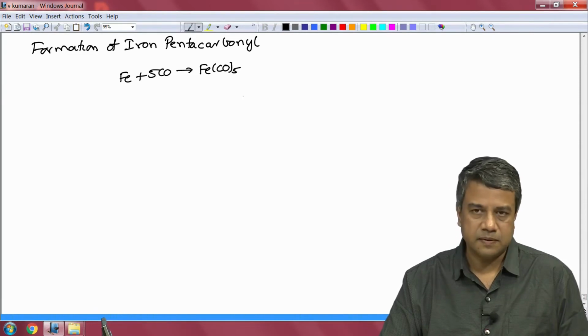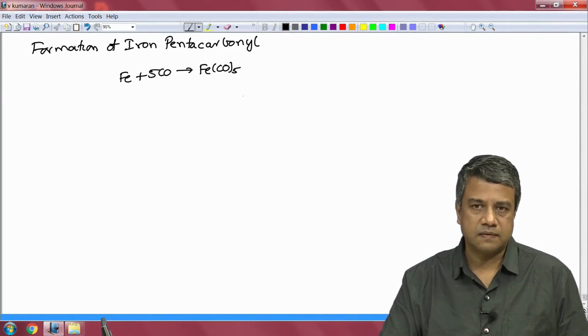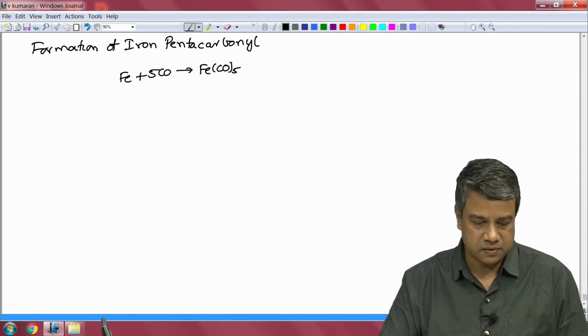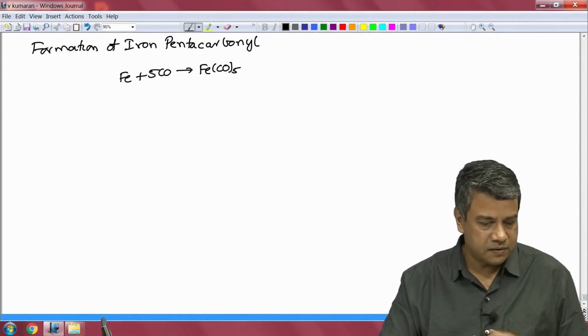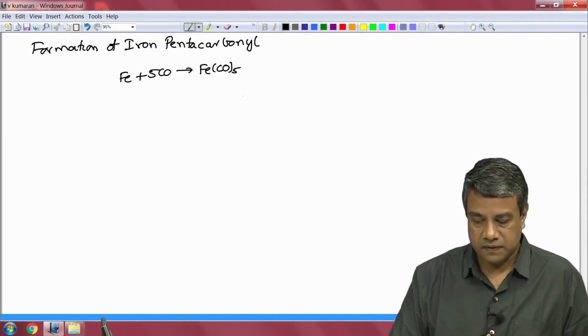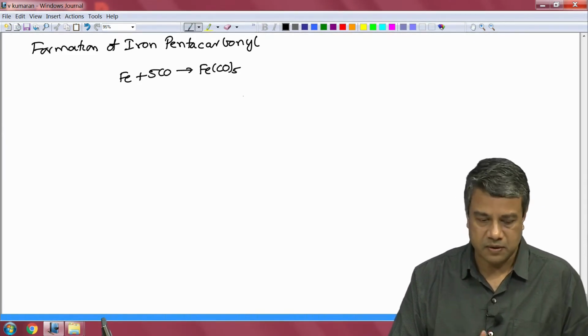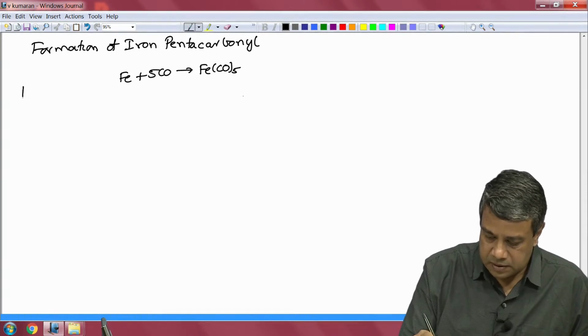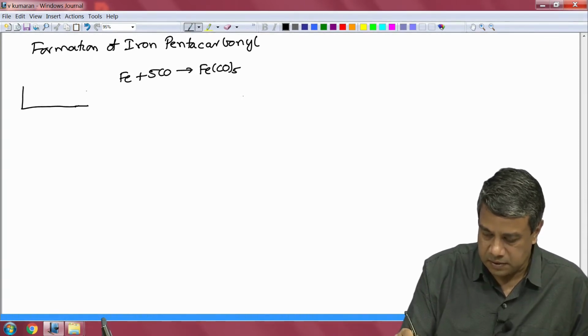This iron pentacarbonyl is actually used for treating things like anemia and so on. One of the ways of making it is by the gas phase reaction of solid iron and carbon monoxide. So, the situation typically looks like this.